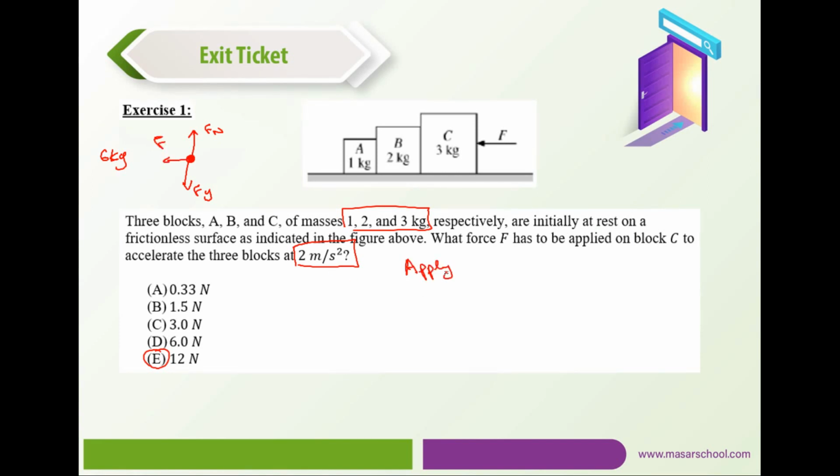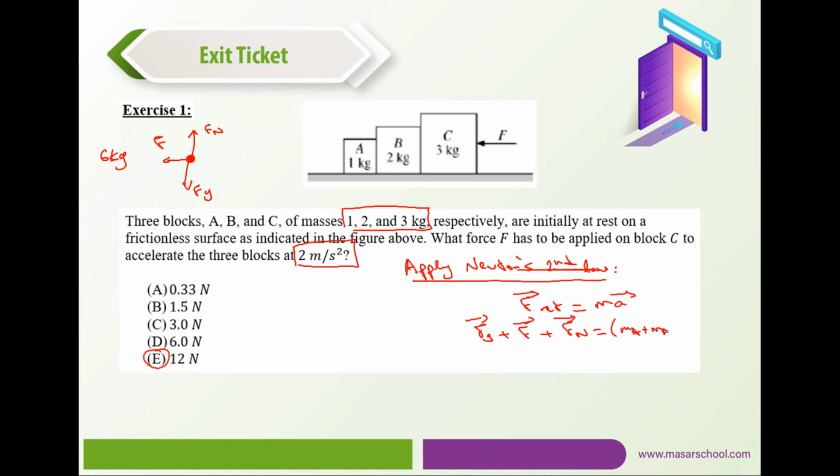So let me write: apply Newton's second law given by F net is ma. Now what are the different forces acting on our system combined? That would be the pull of gravity, capital F and capital Fn, which is equal to the total mass given by ma plus mb plus mc multiplied by the acceleration.